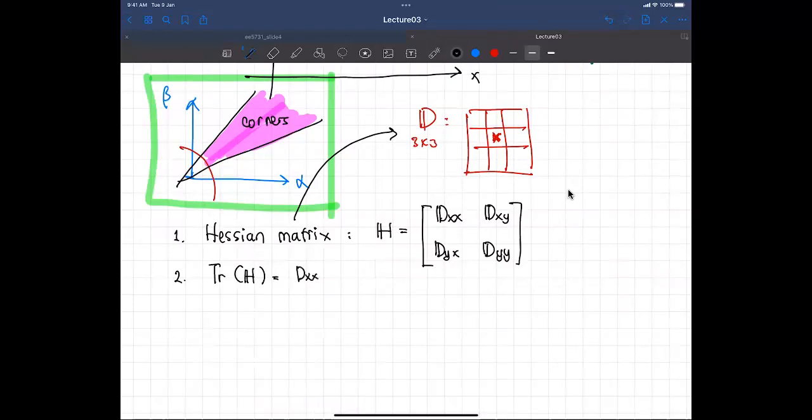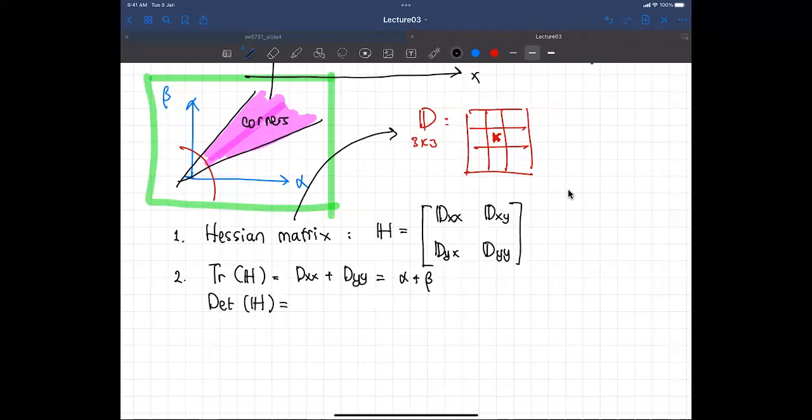Dxx plus dyy. I don't really want to prove it here, but you can look at Wikipedia or something like that, that this equals alpha plus beta. So there is a correlation between the trace of the Hessian and the eigenvalues. That is the trace, and the determinant of H equals to what?